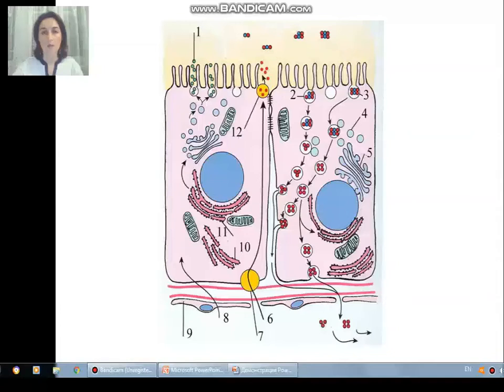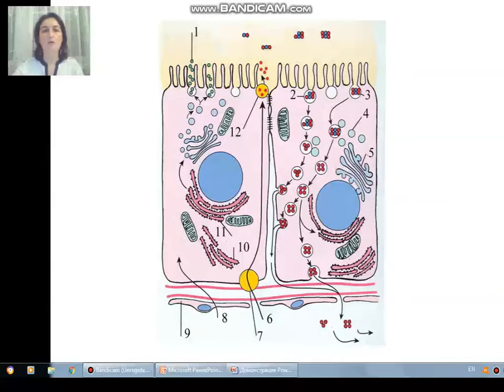From the hormones that are released into the blood circulation, 90% of them are T4, and they enter the blood circulation. They will bind to the thyroxine, to the thyroid binding proteins. From them, 10% of the hormones bind to the albumins.